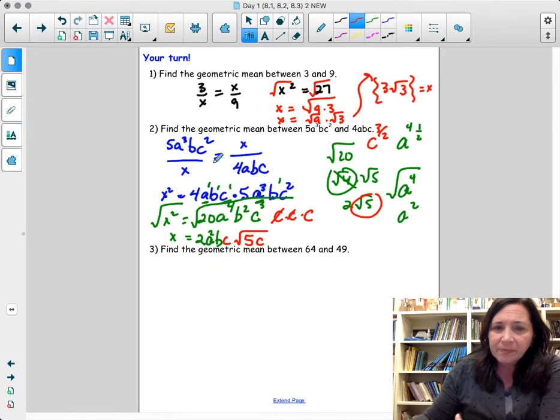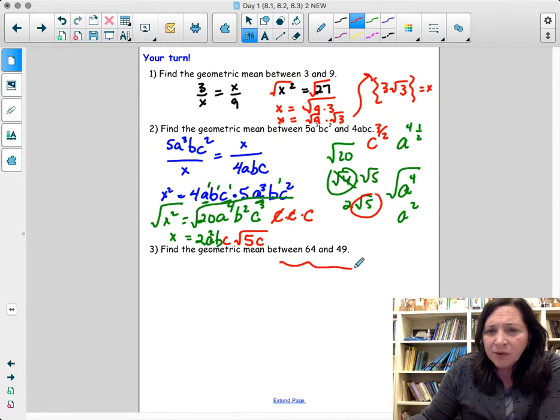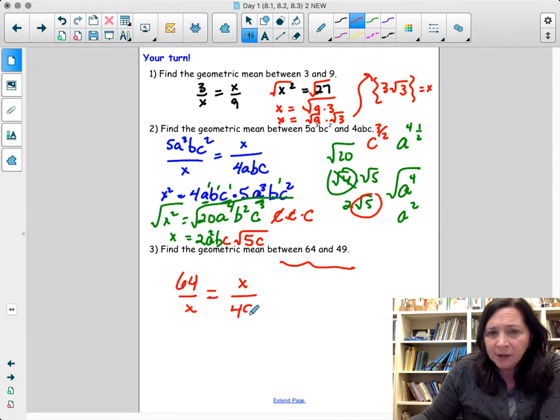And lastly, we want to find the geometric mean between 64 and 49. So you're going to go 64 is to x as x is to 49. We're going to cross multiply. x squared equals 49 times 64.